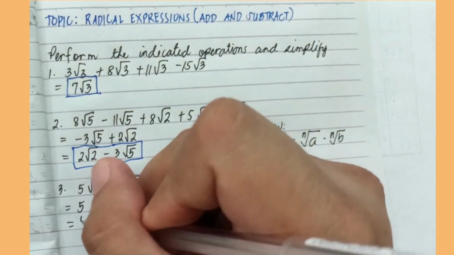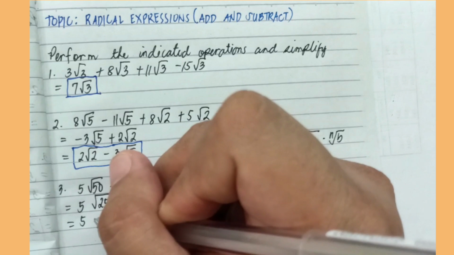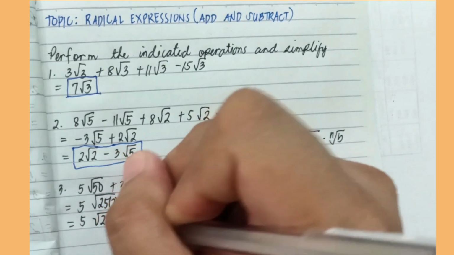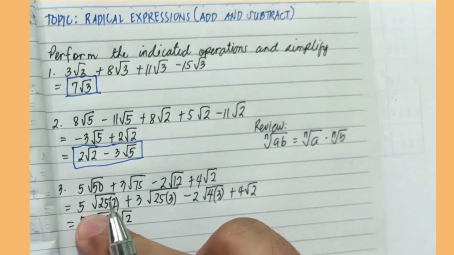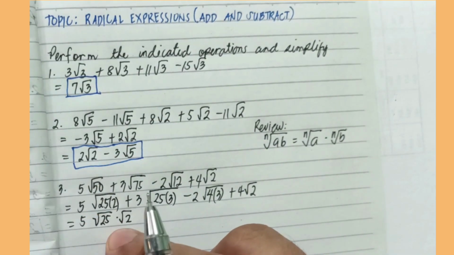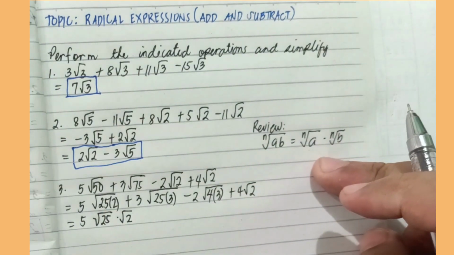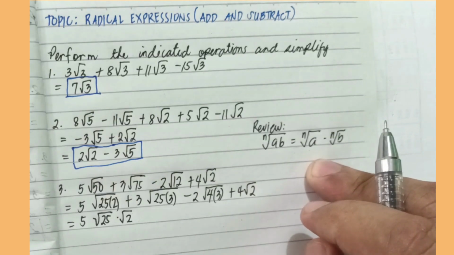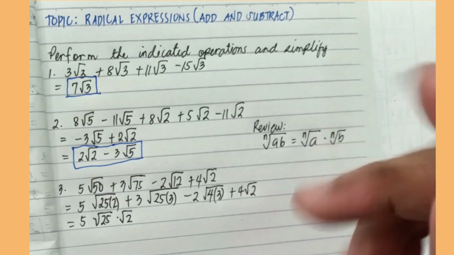So we are going to factor or distribute the perfect square from the non-perfect square. So from 5 times square root of 25 times 2, it became now 5 times square root of 25 times square root of 2, as the radical theorem stated.